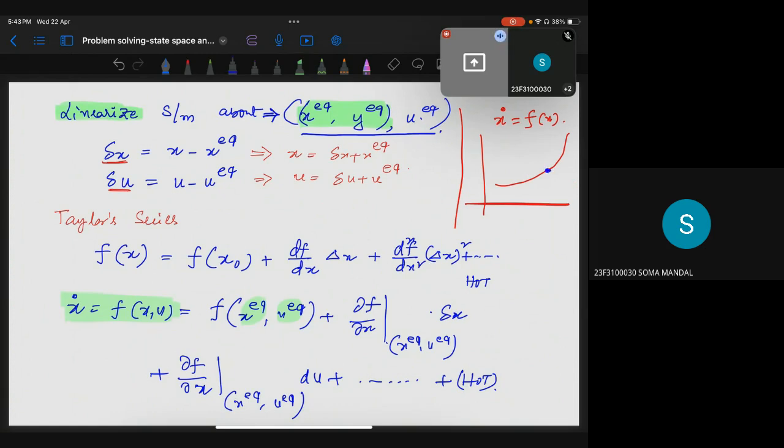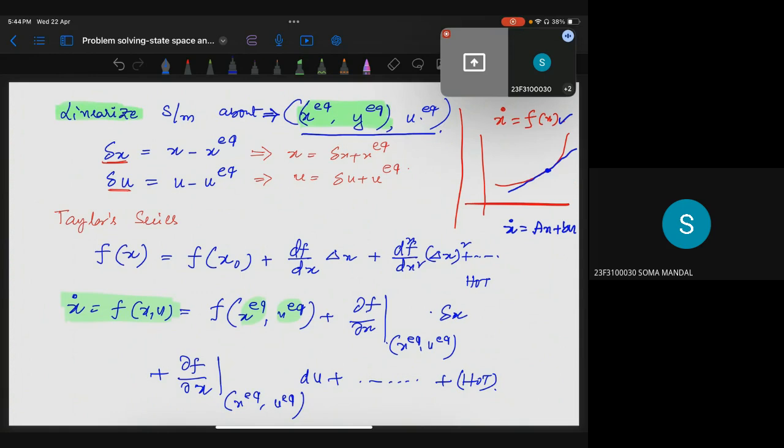At that point, the overall function, which is a nonlinear curve, will act like a straight line. It means x dot is equal to f of x is a curve, and x dot is equal to ax plus bu is a straight line. Clear? We try to approximate it.